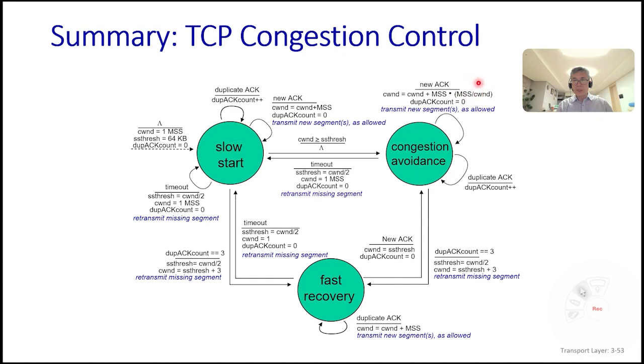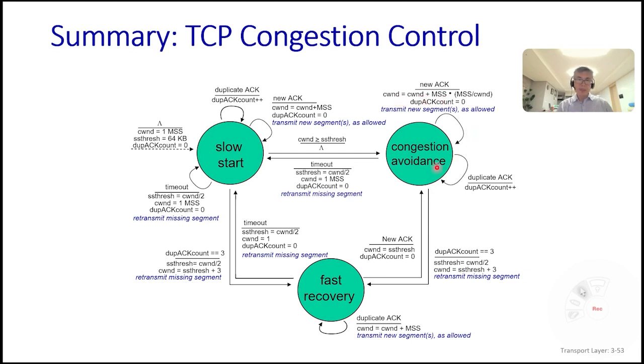This is divided by the same cwnd, multiplied by MSS. Sometimes we can say n divided by cwnd is equal to 1. Eventually cwnd plus MSS is increased. This means the linear increase.